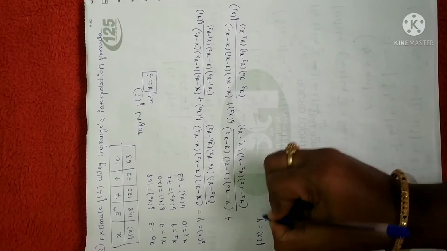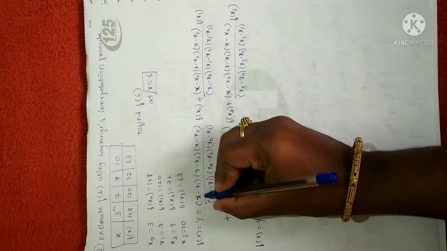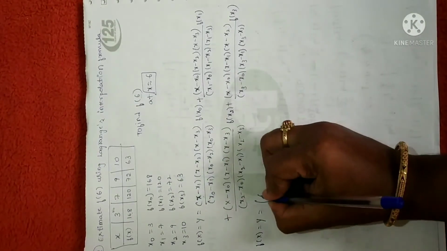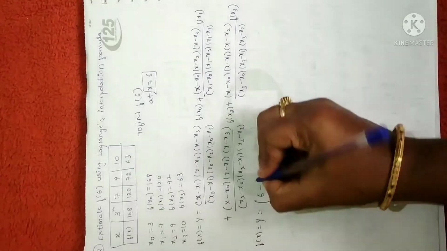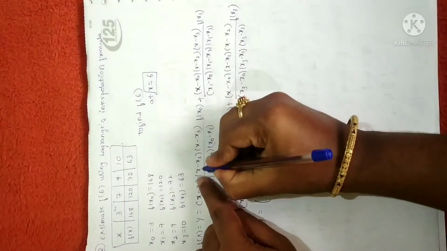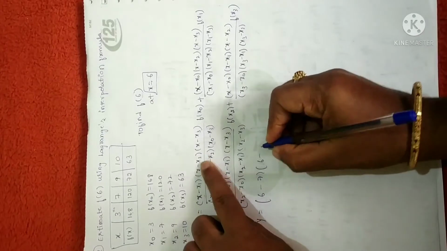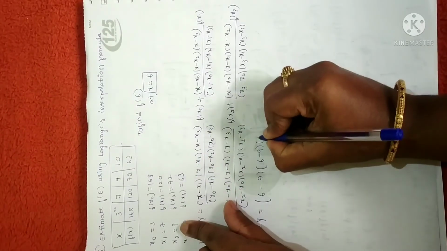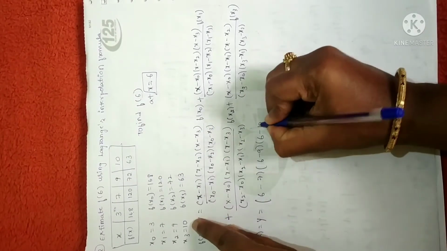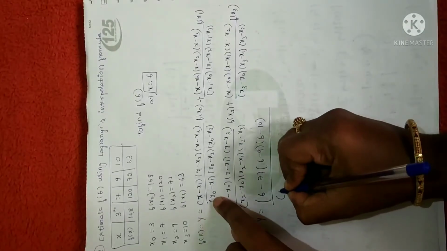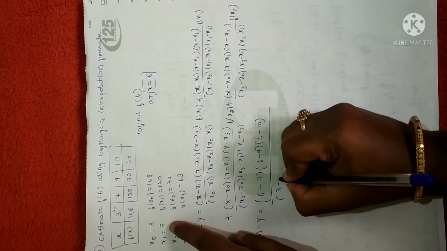f of x is equal to y is equal to, what is the value of x? It is 6. So it is 6 minus x1, x1 is 7. 6 minus 7 into x value is 6, 6 minus x2 which is 9. Next, x is 6 minus x3 which is 10, divided by x naught, x naught is 3 minus x1 which is 7.